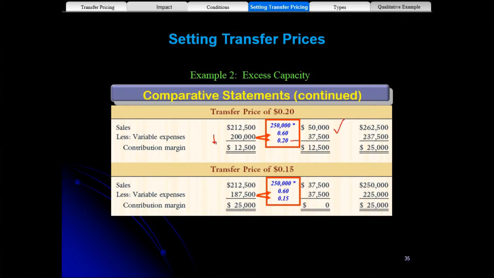Or we can go down to 15 cents. And guess what? Plastics division is now not making any money whatsoever. Pharmaceuticals division is getting the full benefit and is basically paying cost for those plastic bottles of 15 cents per item for 250,000 plastic bottles.